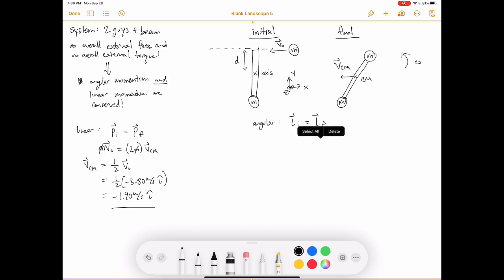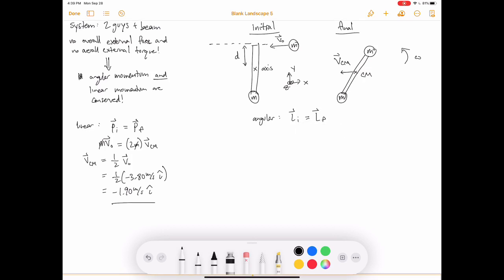Since initially all we have is a mass moving in a straight line, angular momentum is given by m times v times d, and in particular the speed is v0, the initial speed. The direction, by the way, if you use the right-hand rule, is the positive z direction.